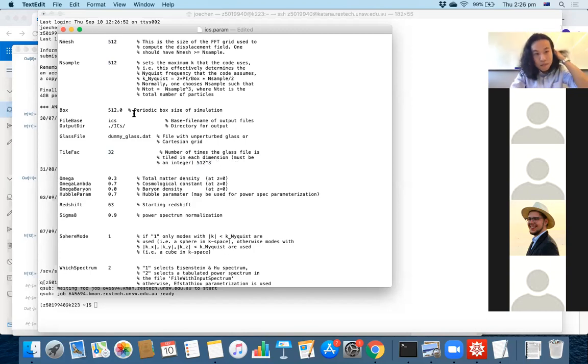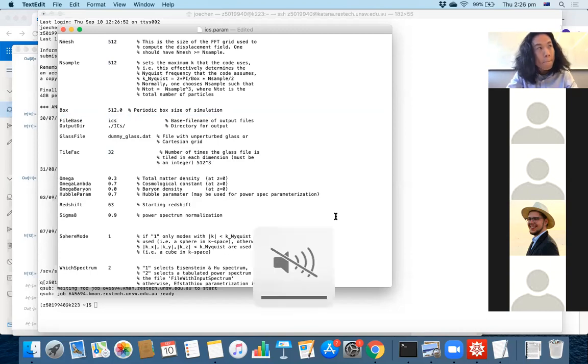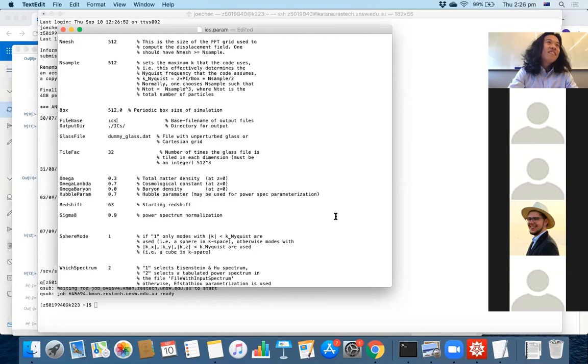And then these are just the standard things, like the file base. Was that a question? Is that the reason why people always use multiples of two for the number of particles? Pretty much, yeah. It also has to do with the fast Fourier transform.